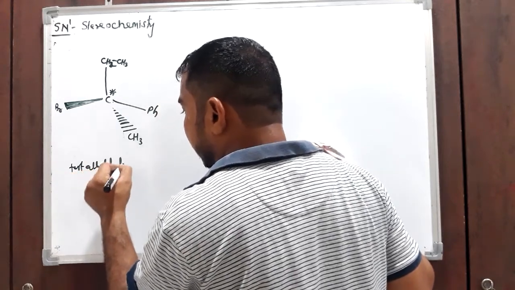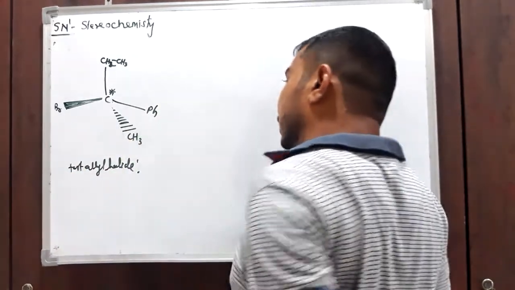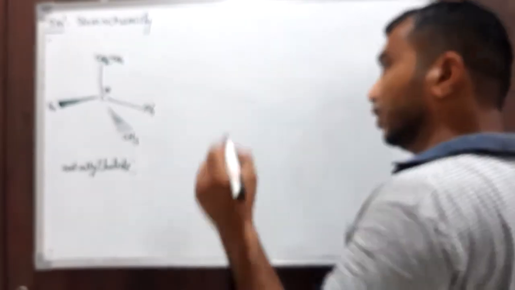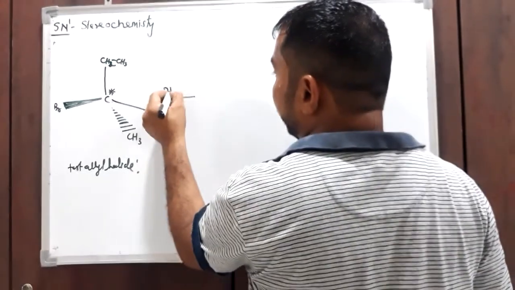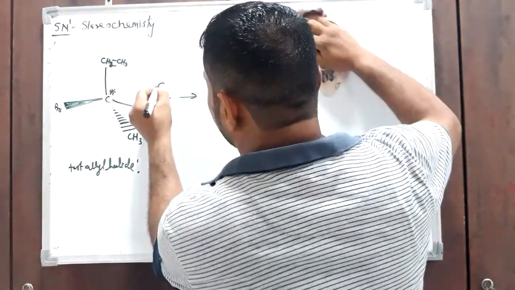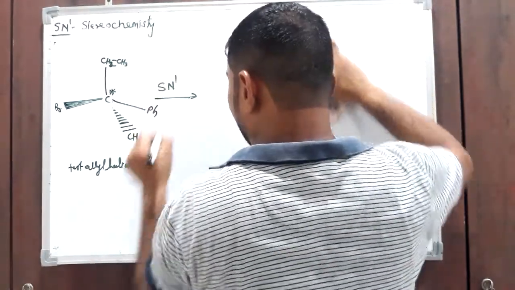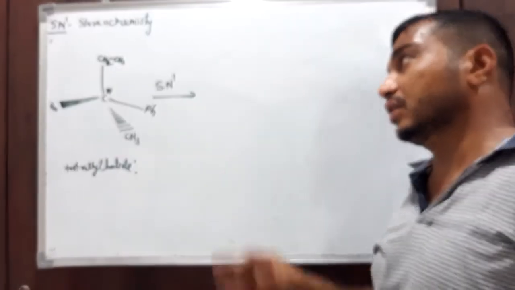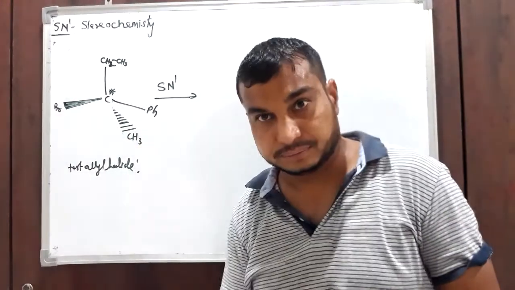Now if that tertiary alkyl halide reacts with OH minus ion, meaning an SN1 reaction, then we know in an SN1 reaction the first step is ionization.